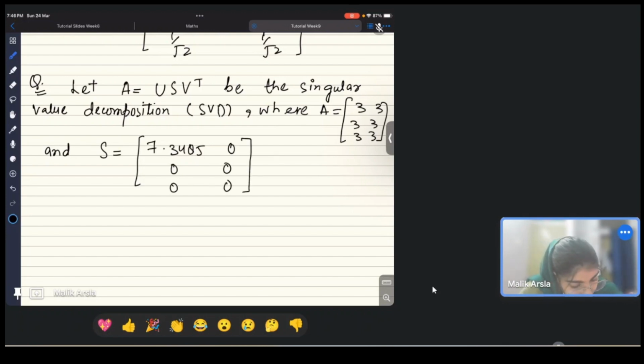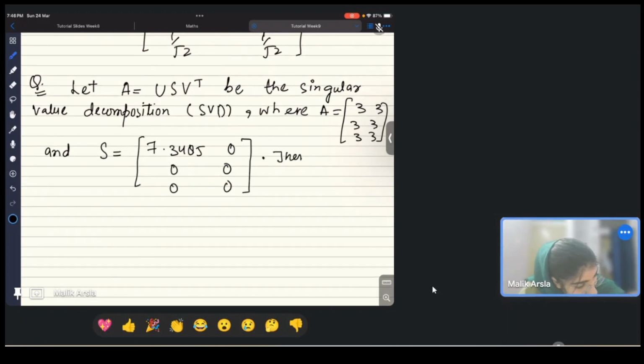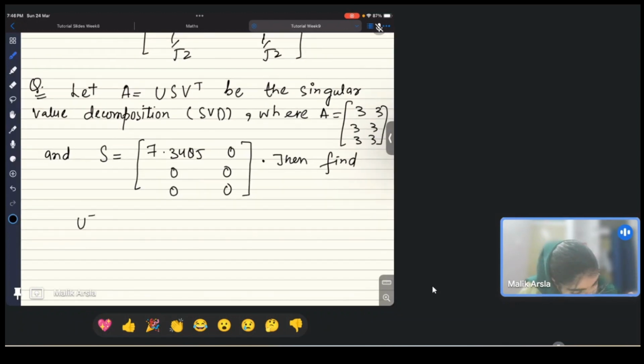Then find U transpose A transpose A into U.